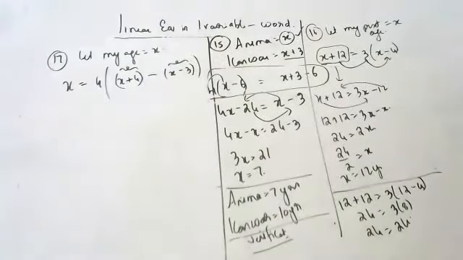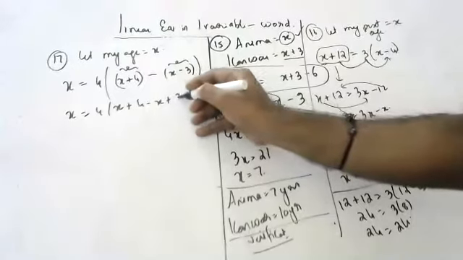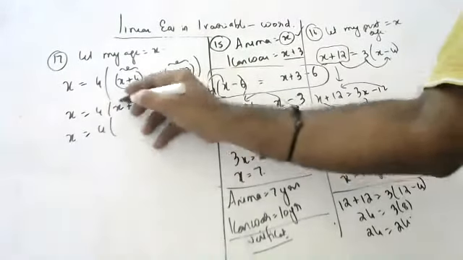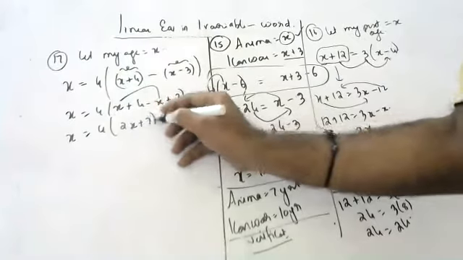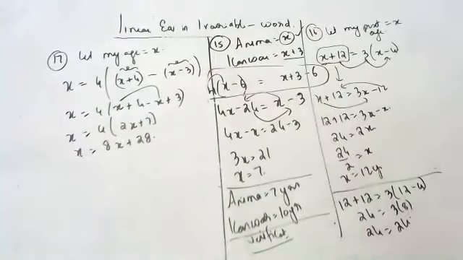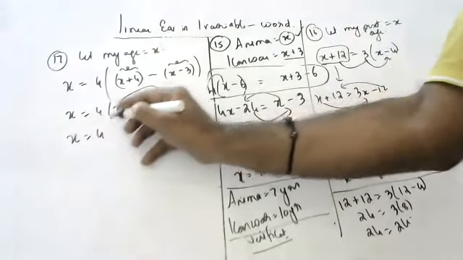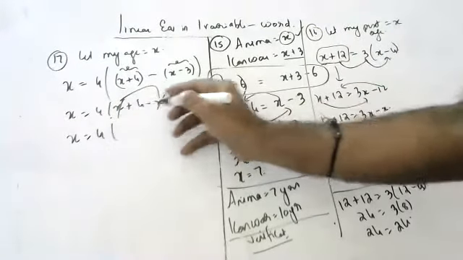Tell me the simplification. x is equal to 4 into x plus 4 minus x minus 3. So we did something wrong. The x minus x cancel, sir. Then x is equal to 4 into 7.